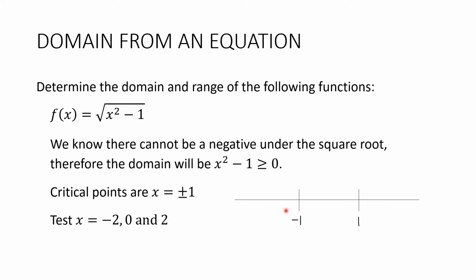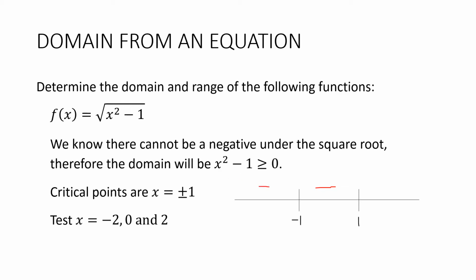Okay, let's test negative 2, 0, and 2. Let's start with 0 because it's easiest. 0 take 1 is negative 1. Is negative 1 positive or negative? It's negative. All right, let's test negative 2. Put negative 2 in there. Don't forget your brackets. Negative 2 all squared is 4. 4 take 1 is 3. Is 3 positive or negative?